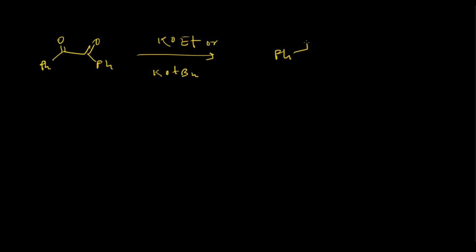Now, if we replace this potassium hydroxide with potassium ethoxide or potassium tertiary butoxide, then we will get the corresponding ester molecule as our final product.